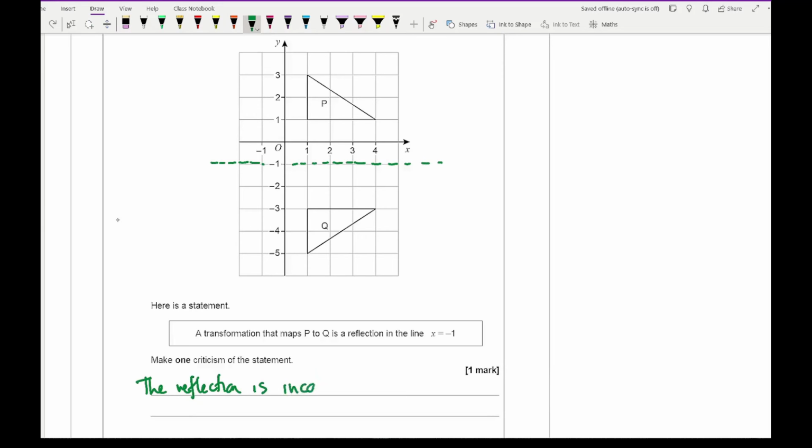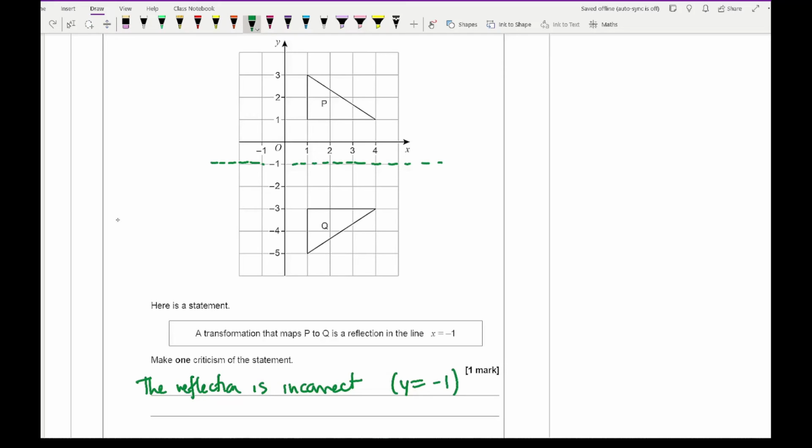Now there are several things you can say for this particular question. So anything along the lines of it's a wrong line that's been given, which is what we stated. The actual correct line should be y equals minus 1, not x equals minus 1. But other acceptable answers, you can say that the given reflection line image would be in the second quadrant.